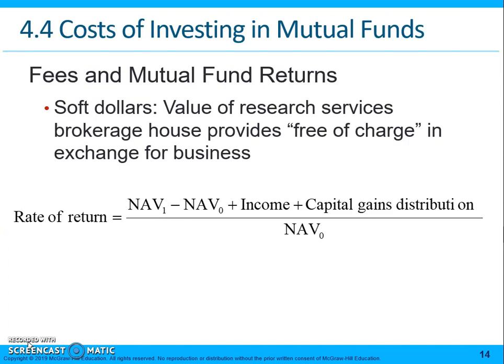The difference here with a mutual fund is that our income can come from different sources. It can come from dividends and capital gains distributions. We'll talk about this going forward a little more.